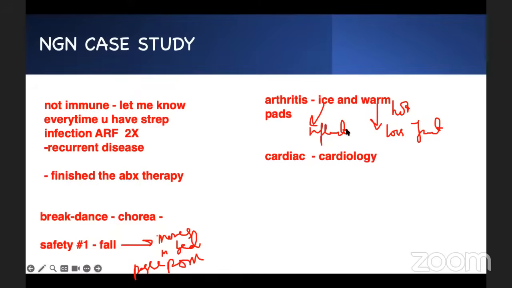Okay, so those are the key, those are your management. You've got to make sure the kid comes in and does a follow-up echocardiogram to check their heart and ensure that they're doing well. Otherwise, they get into trouble. A long term of antibiotic, and that is your treatment.